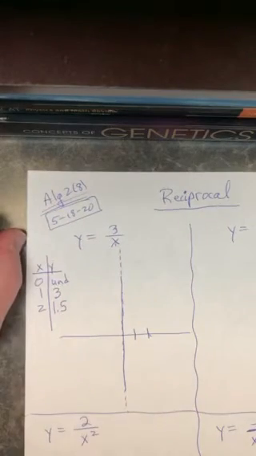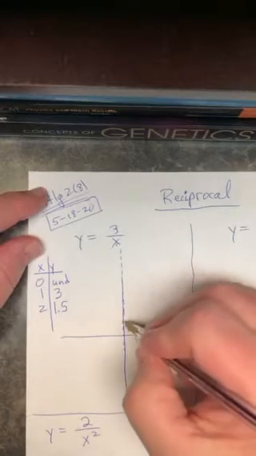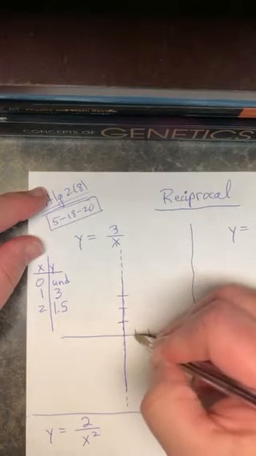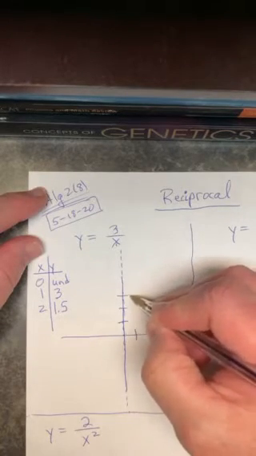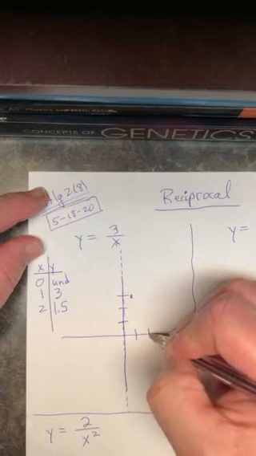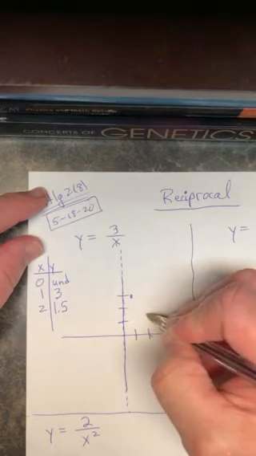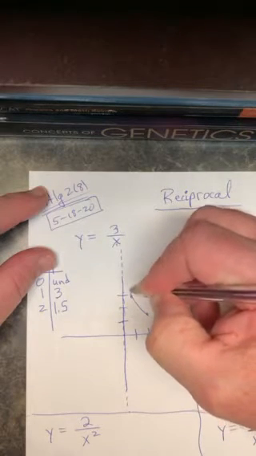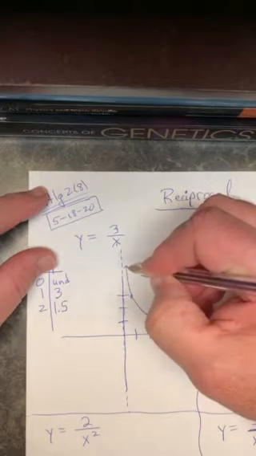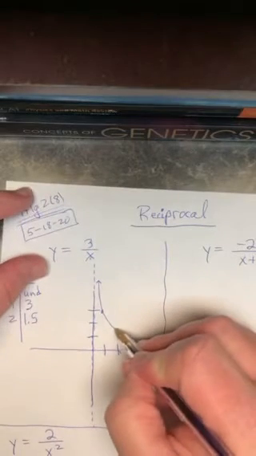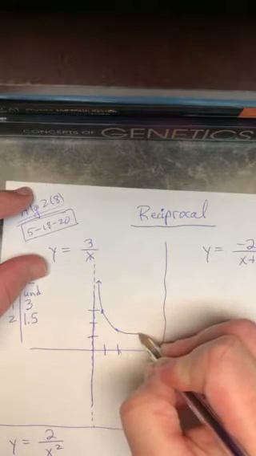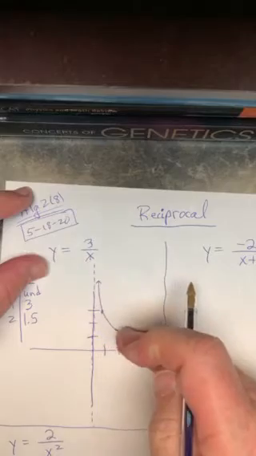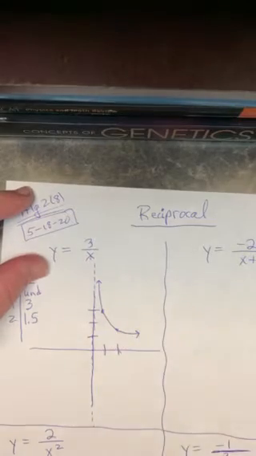So I'm going to go, watch this, right 1 and up 3, right 2 and only up 1.5. And what's going to happen is your curve will get really close to the asymptote but never touch it. And then it'll come down and curve in this direction and eventually curve out and get close to the x-axis as well. Point is, you've got a curved shape to the right.